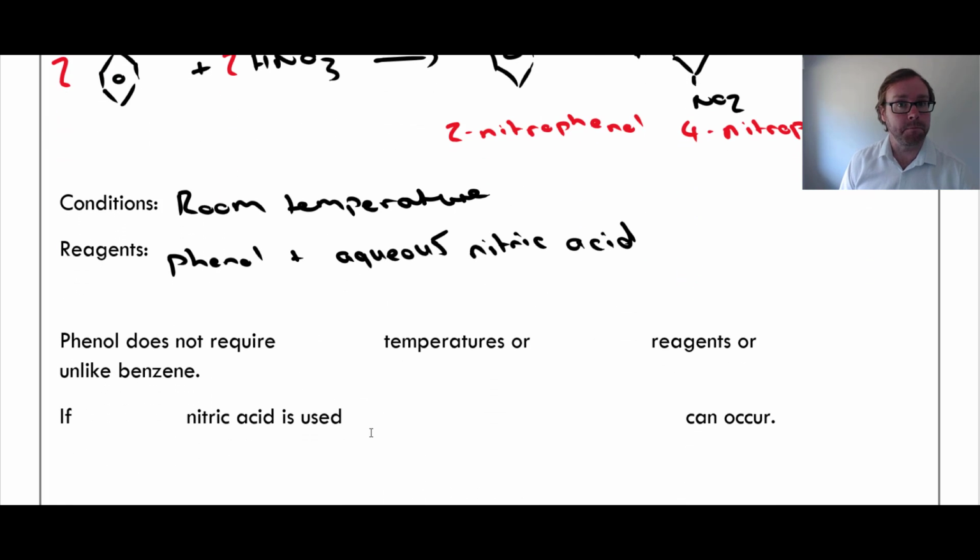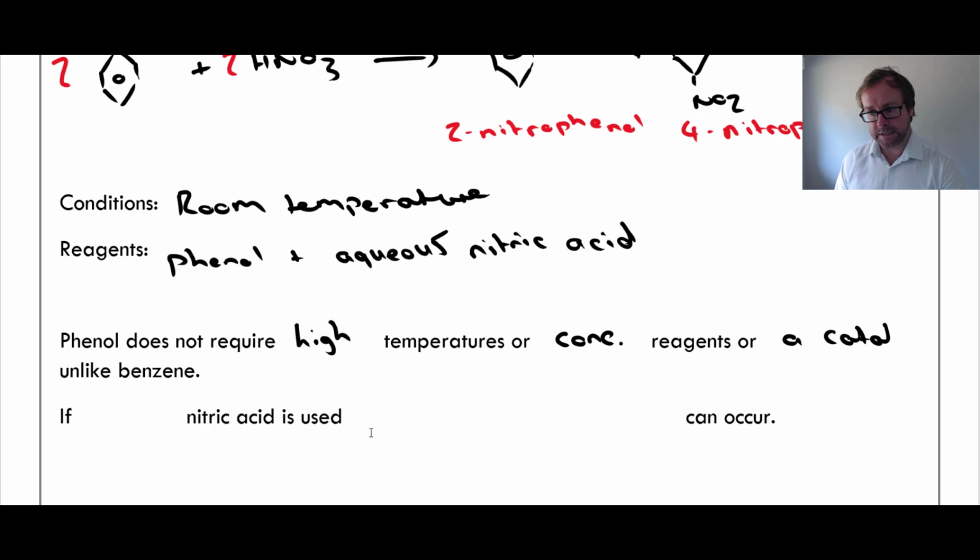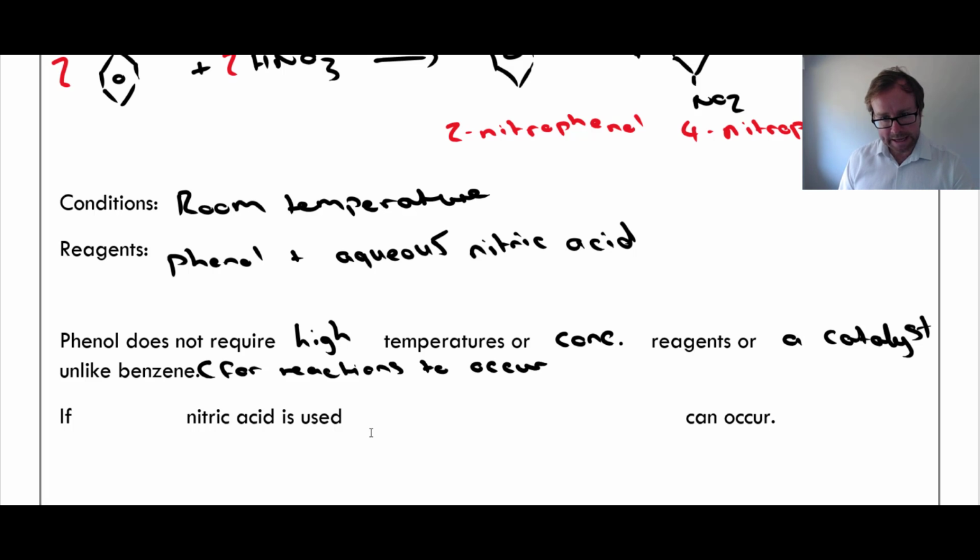Okay, so moving on. So phenol does not require high temperature or concentrated reagents or a catalyst, unlike benzene, for reactions to occur. And actually, if we did use concentrated nitric acid, we can get multiple substitutions.